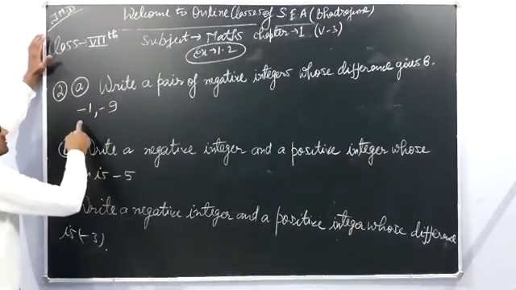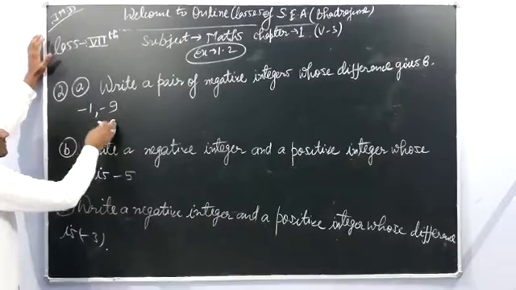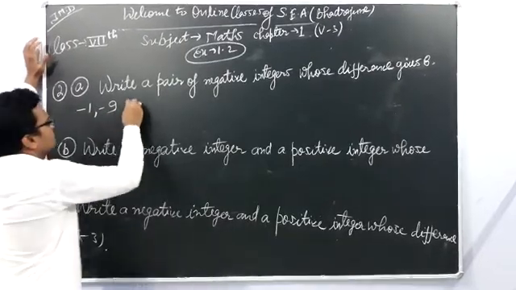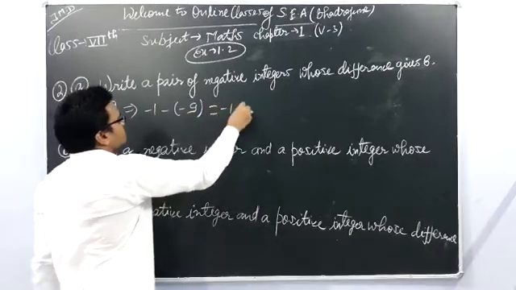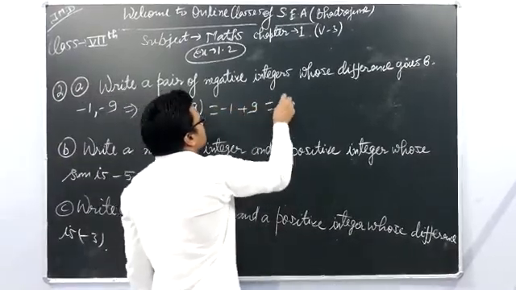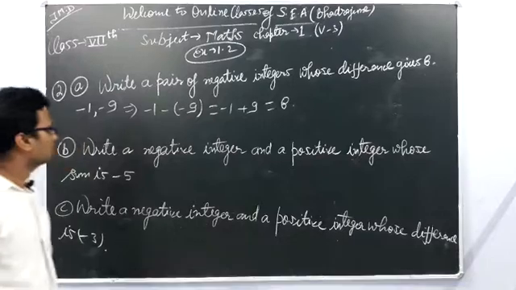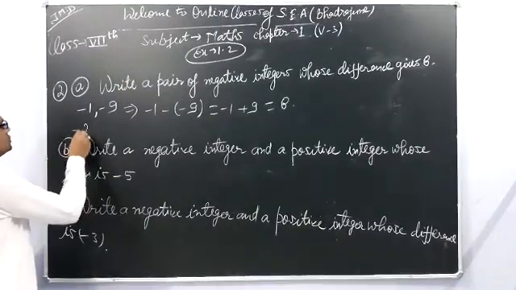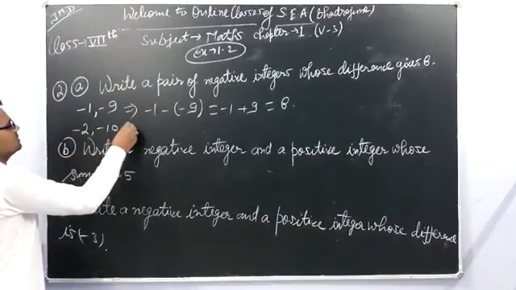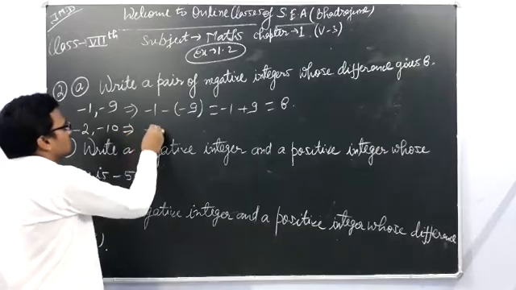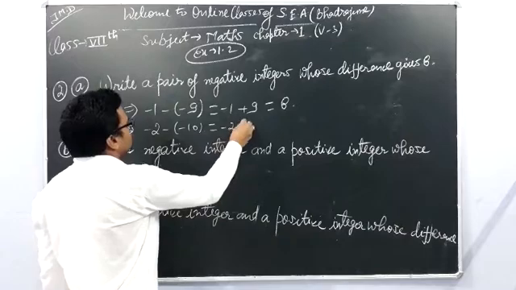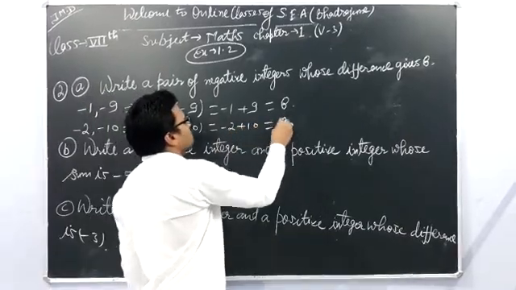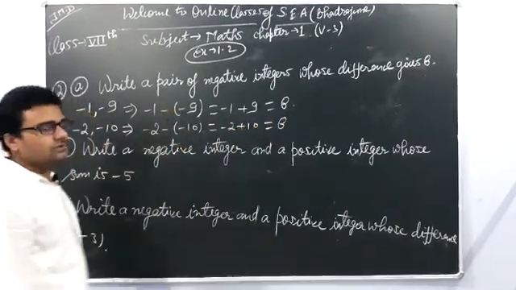On subtracting minus 9 from minus 1, we get minus 1 minus minus 9 equals minus 1 plus 9, which equals 8. And the second one is minus 2 minus minus 10, which equals minus 2 plus 10, and consequently it gives us a positive 8.